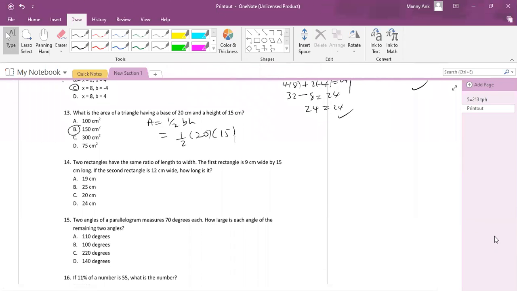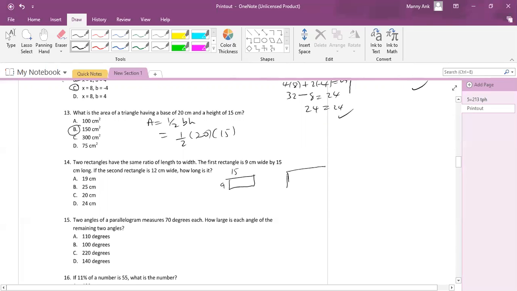Number 14. 2 rectangles have the same ratio of length to width. The first rectangle is 9 by 15 centimeters. The second rectangle is 12 centimeters wide.